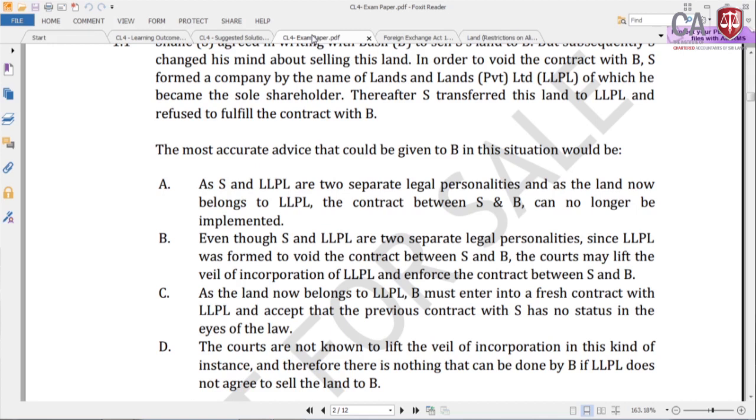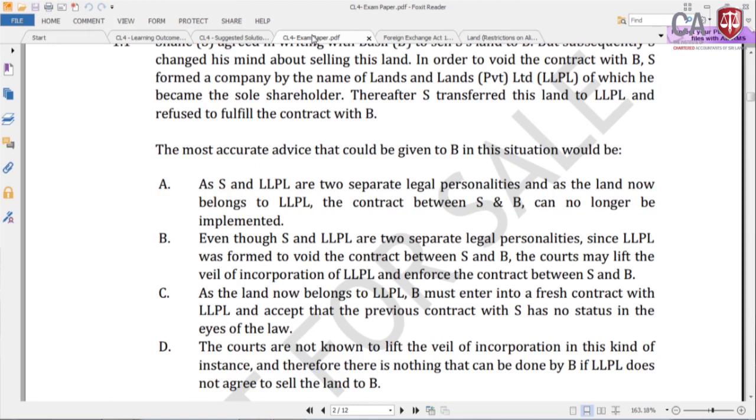Since the land now is vested with the LLPL, it is the land that Basil has already entered into an agreement with Shane to buy, and now the land becomes a property of LLPL. So the poor LLPL is now becoming the victim of this entire transaction.